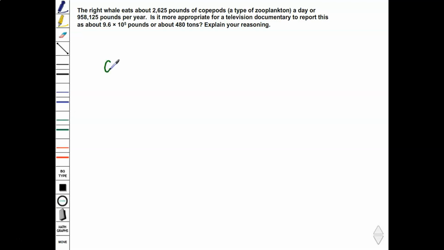We have two choices here. So these are the two choices.